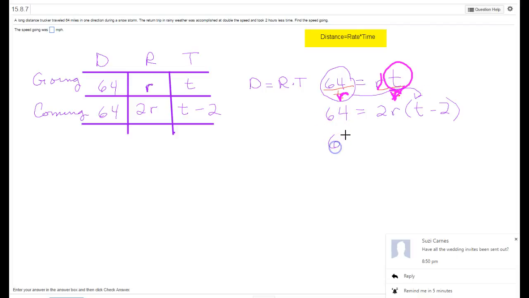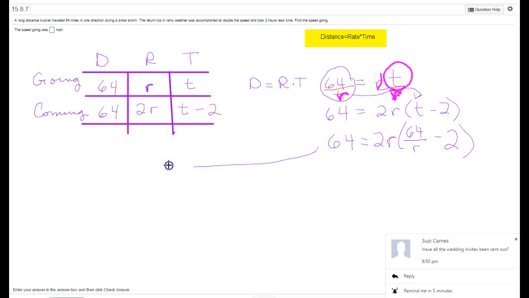So our new equation is 64 equals 2R times 64 over R minus 2, because T equals 64 over R.